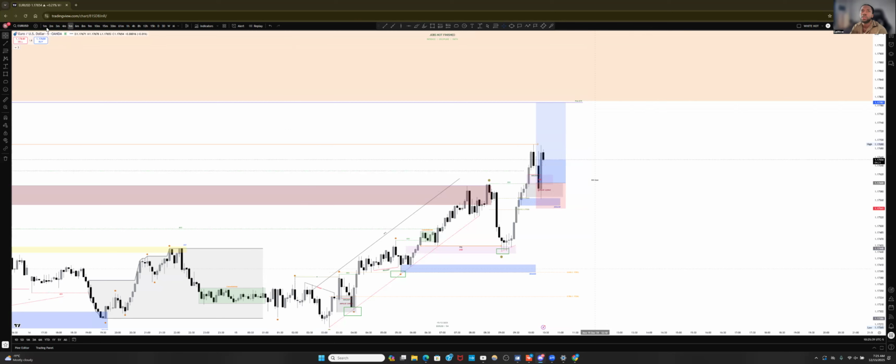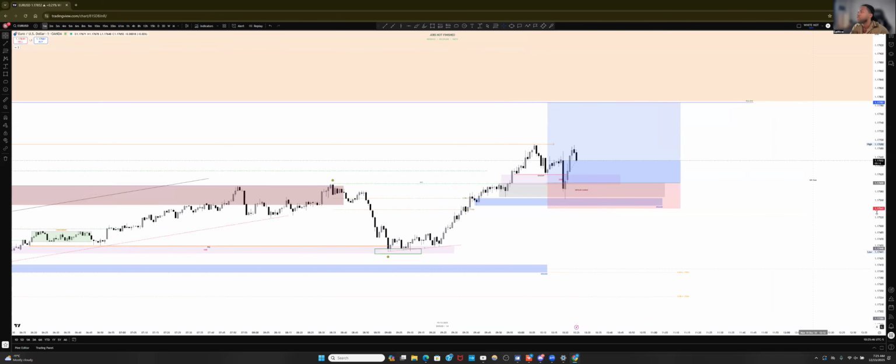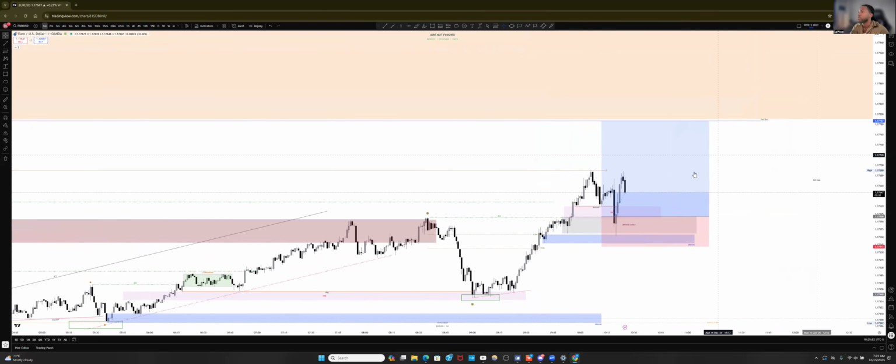So let's see what could be happening here. It came up and induced this high. Could this lead to more bearish price action is the question. These equal highs are not taken.